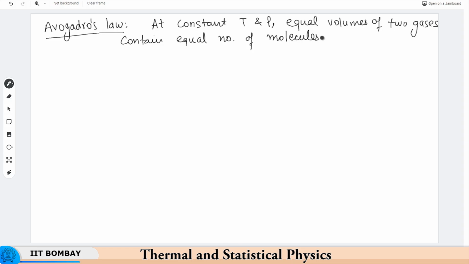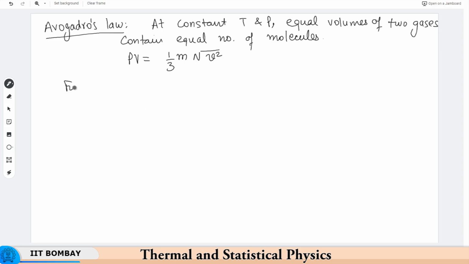And this again can be very easily seen from the ideal gas equation, right. So, remember we obtained the equation PV equals 1 by 3 m n v squared average, right.